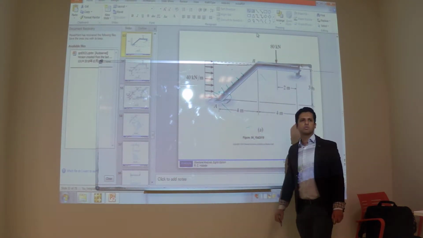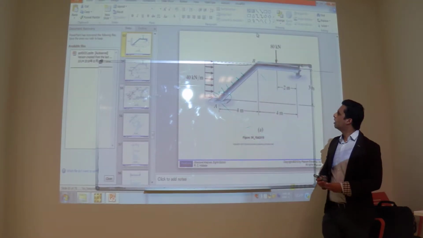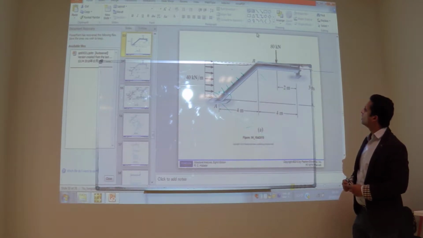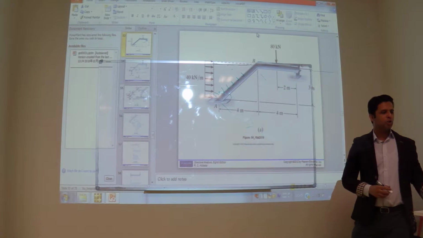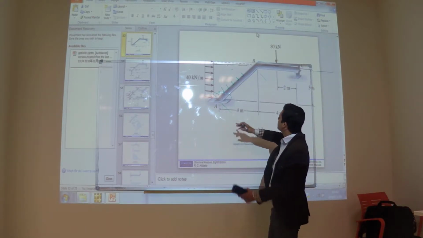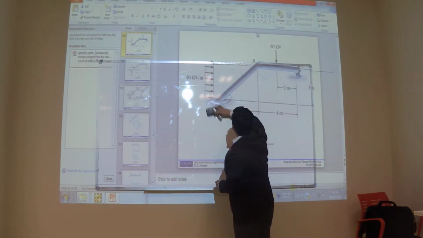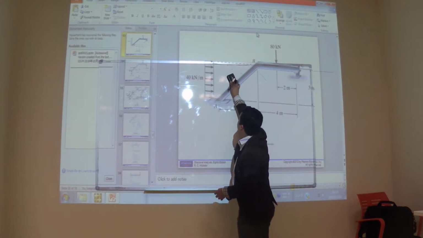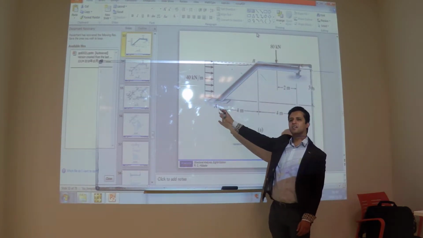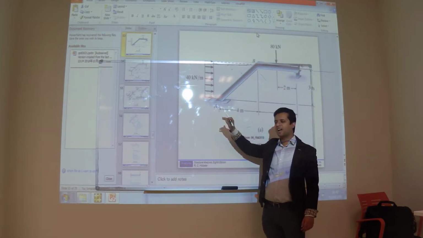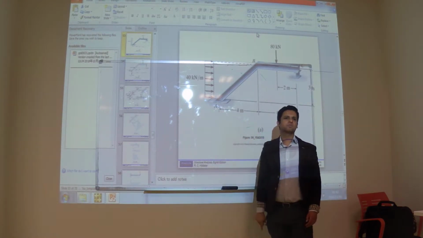So how does this load occur? There is no member in the air. It is actually the load on this member. You think that the load stops here, but a load has a line of action.